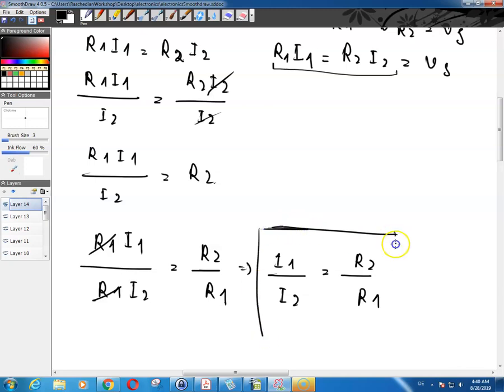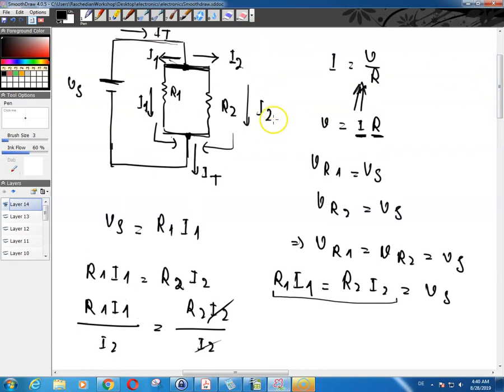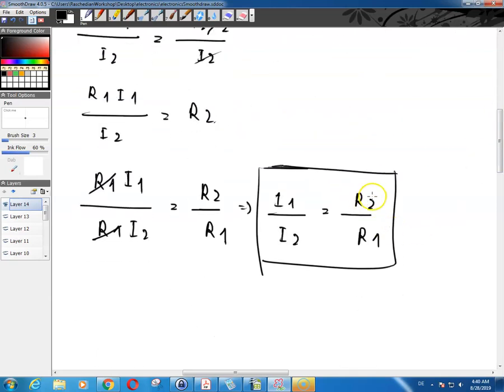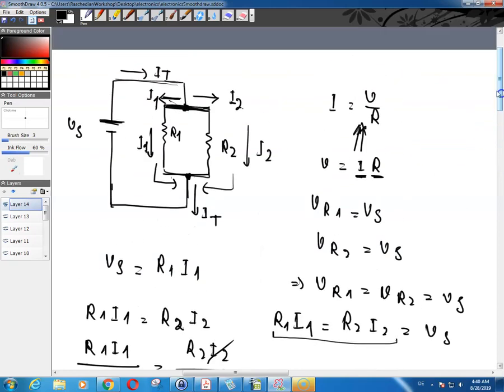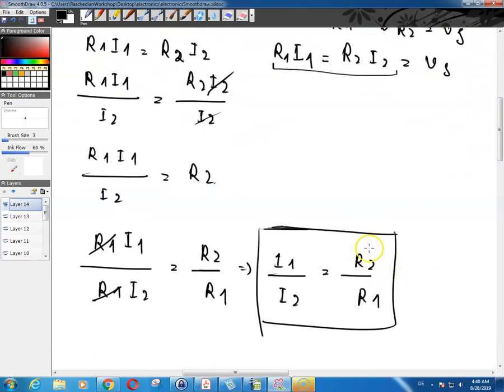Okay, so that's another relationship that you can get here. So the I2 to I1 is equal to R1 to R2. I1 to I2 is equal to R2 to R1.